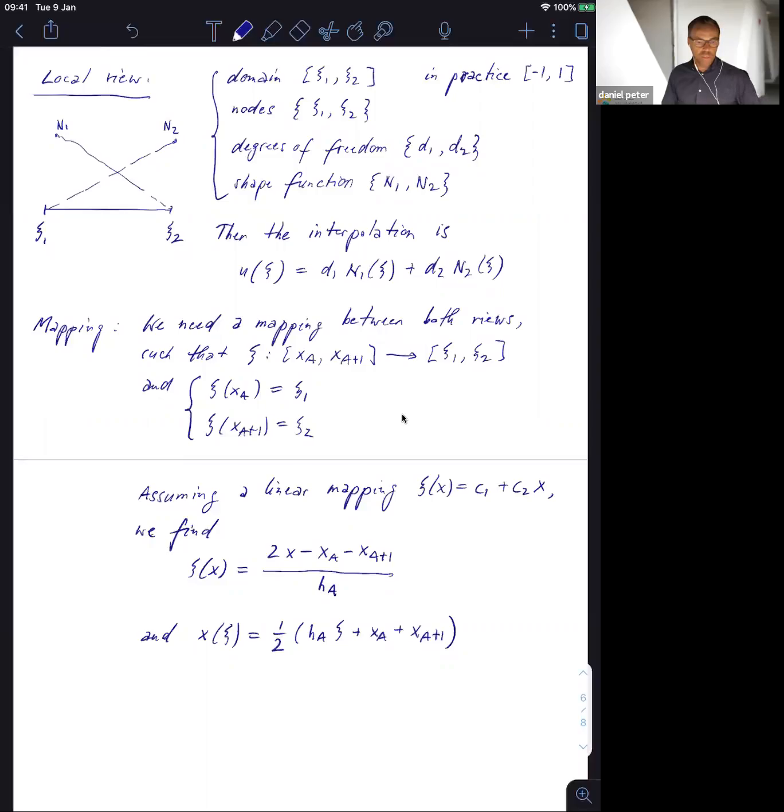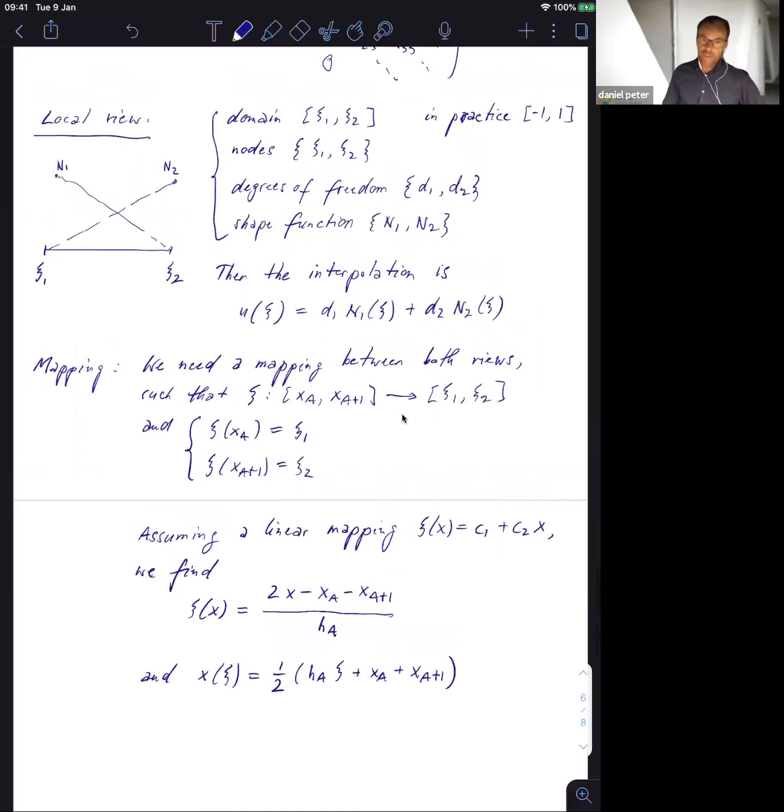Do you have some question to that? No? Yeah, let it settle a bit. And then we see why it becomes very convenient to do this sort of mapping.